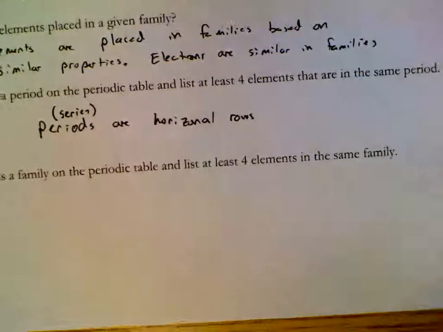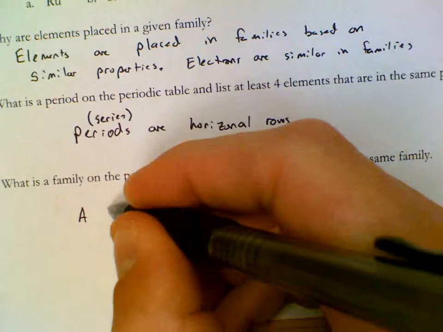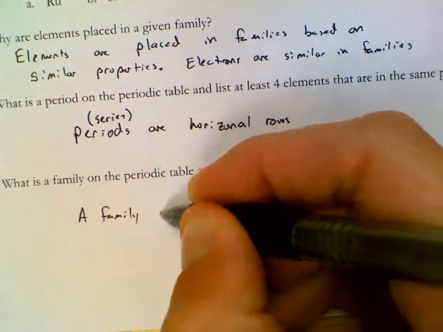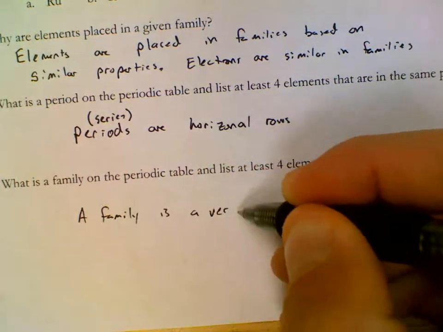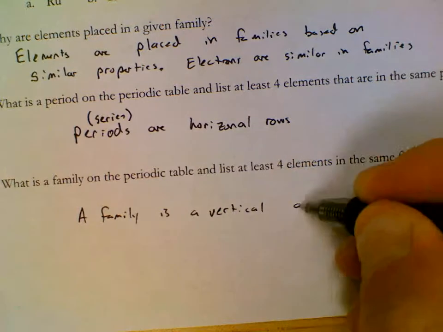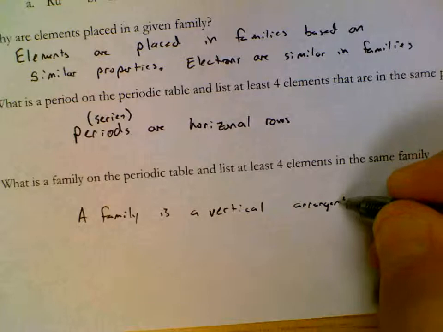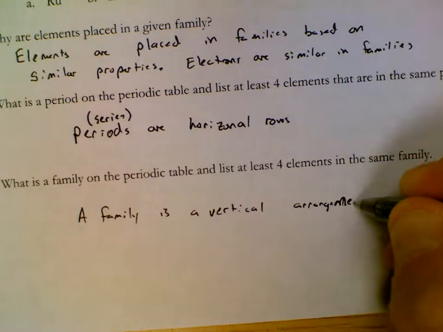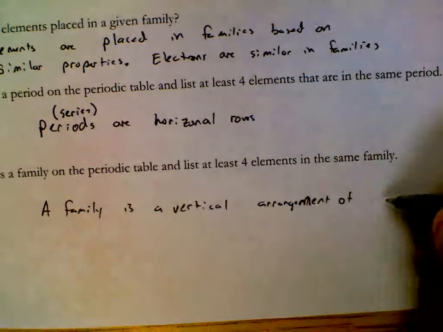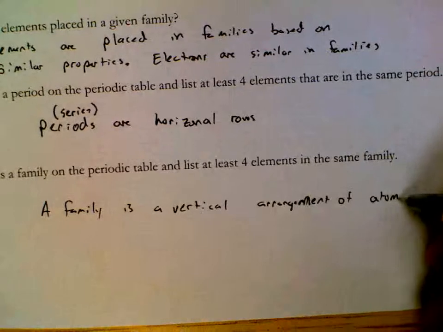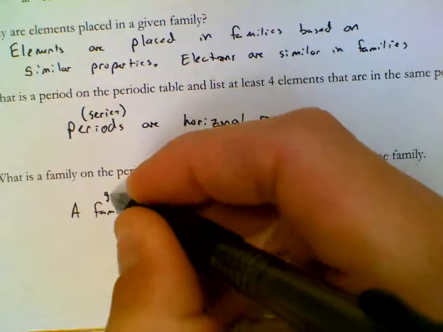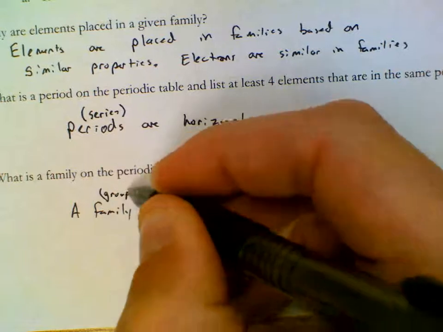What is a family on the periodic table? A family is a vertical arrangement of atoms, also known as a group or a column.